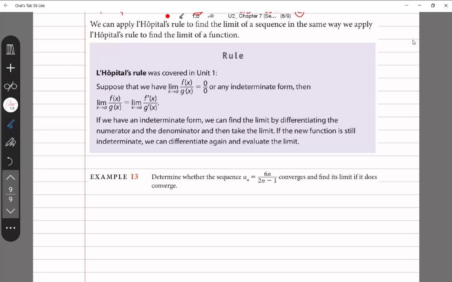If we have an indeterminate form, we can find the limit by differentiating the numerator and the denominator and then take the limit. If the new function is still indeterminate, we can differentiate again and evaluate the limit. This is L'Hopital's rule. All right, very quickly, try example 13.